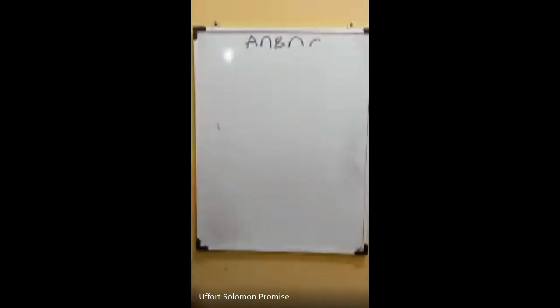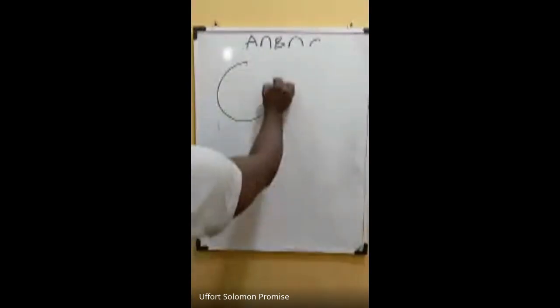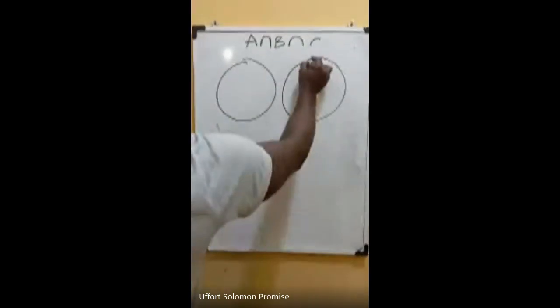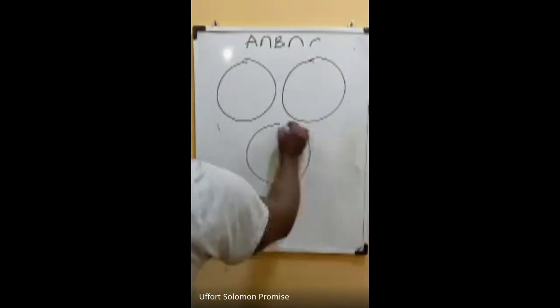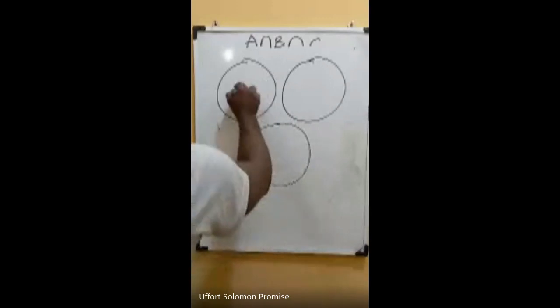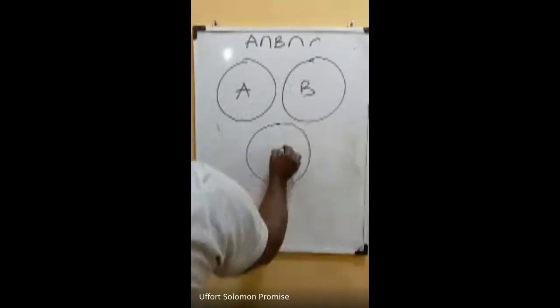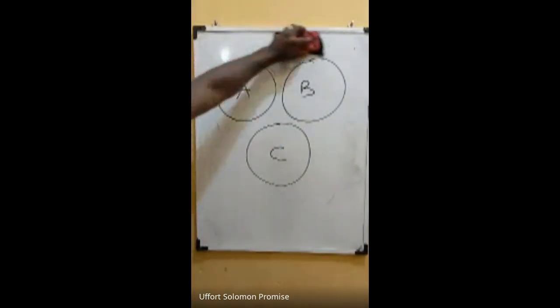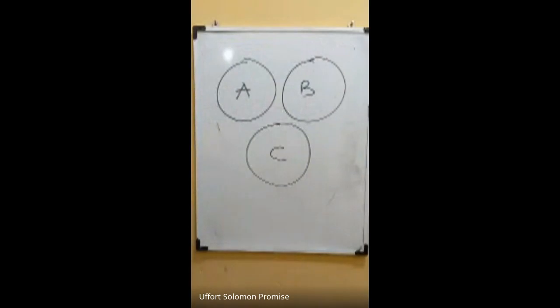This is how disjoint sets are represented. Disjoint sets do not overlap. So this is the Venn diagram for a disjoint set.